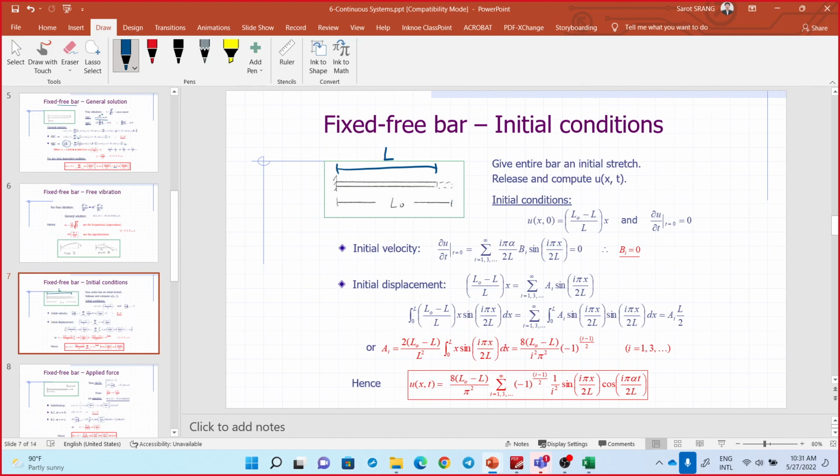L is the length of the bar without any external force or displacement. L0 means at the initial time we stretch the bar, we pull the bar up to this point, so it has length L0.